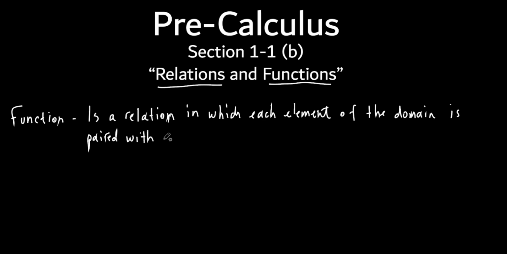Is paired with exactly, and that's important, exactly one element in the range. Now, if you just read that, or if I read it to you, it probably wouldn't make much sense, but that's what we're going to do here. So I'm going to show you by an example what this definition really means.